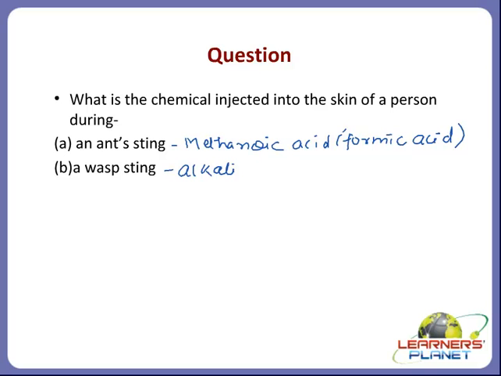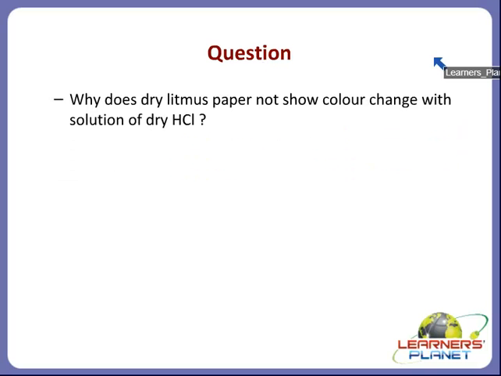Let's take up the next question. That is, why does dry litmus paper not show color change with a solution of dry HCl? I have just now told you children about the electric current or conductivity, that for conductivity, what is required is the presence of ions.